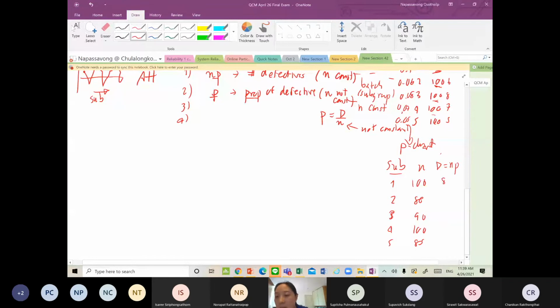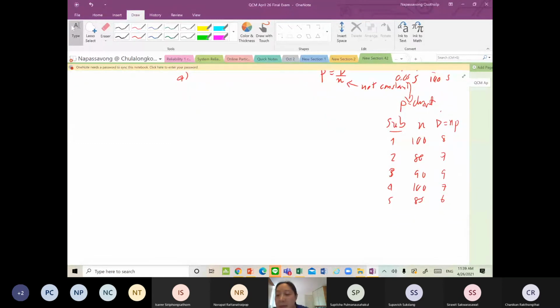If it's 8, for example, 7, 9, 7, 6, and you plot NP charts, that means you plot 8, 7, 9, 7, 6, things like that. So do you think it's fair to compare the number of defective over subgroups when you have different numbers of parts?